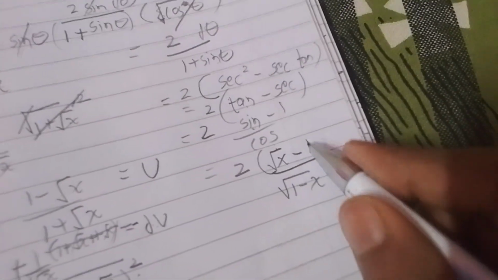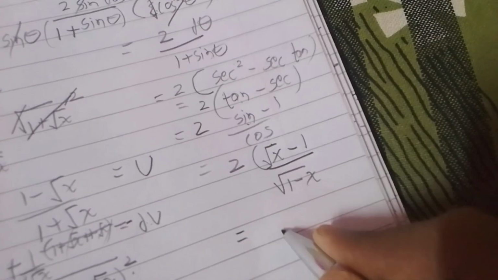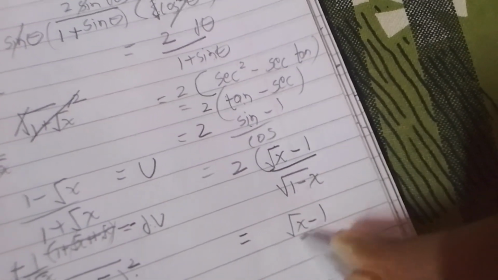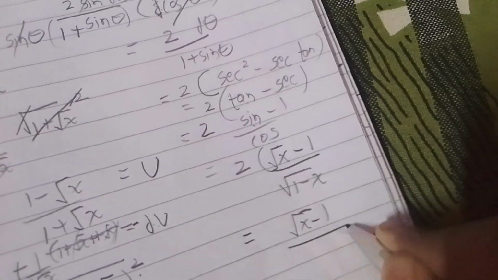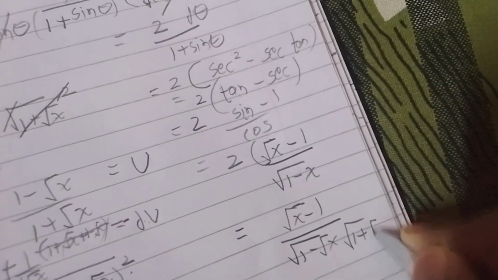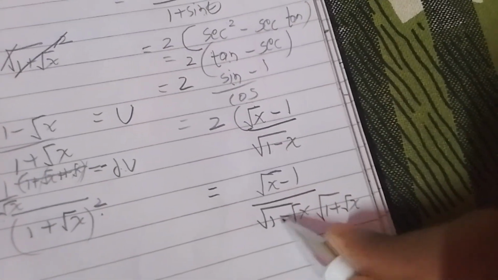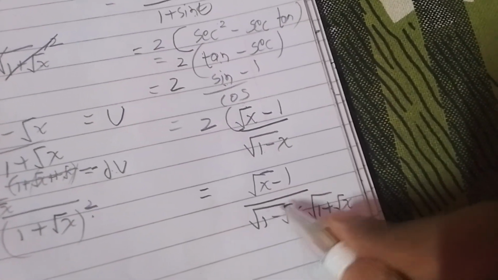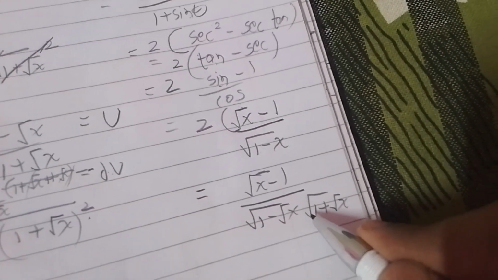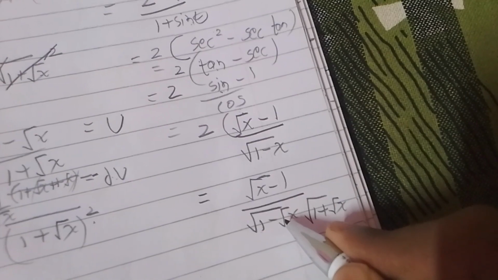Now again you need to play smartly. You need to write this 1 minus x as under root 1 minus root x into under root 1 plus root x, and then divide and multiply by under root 1 minus root x.